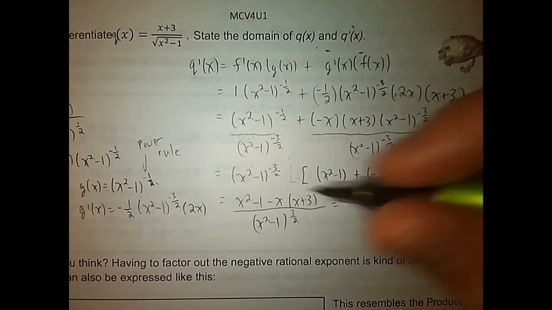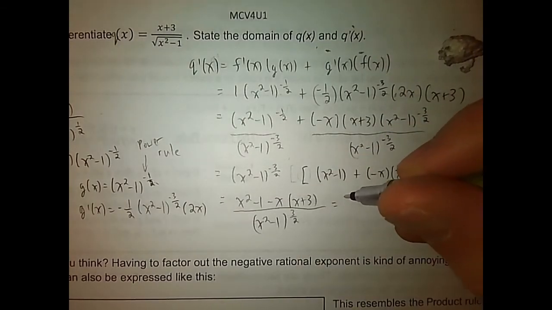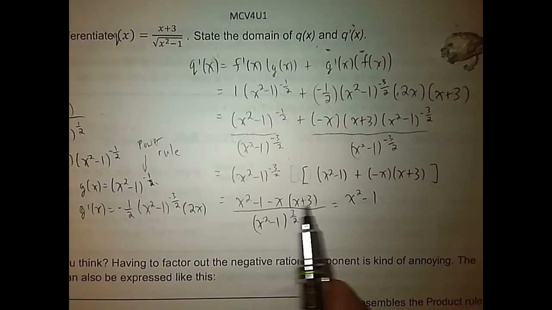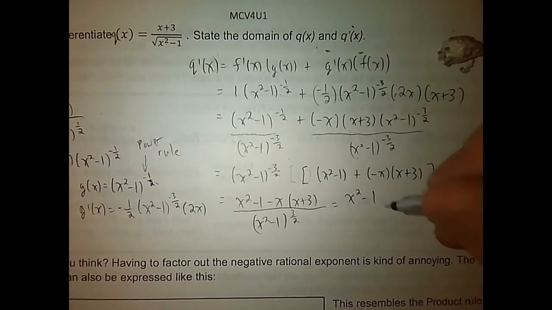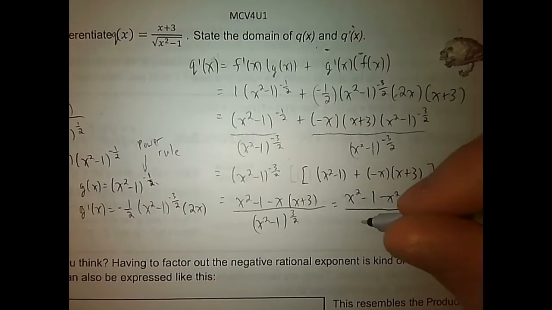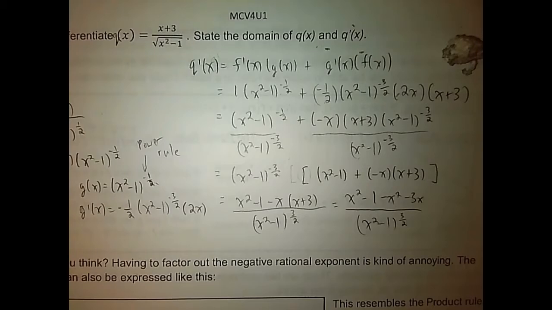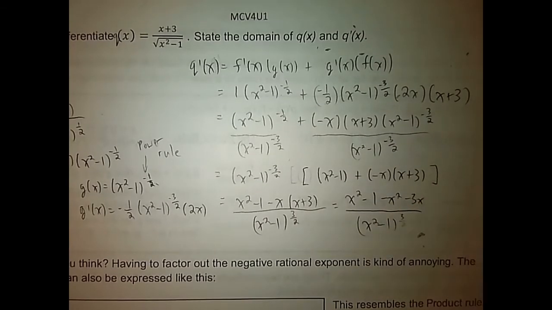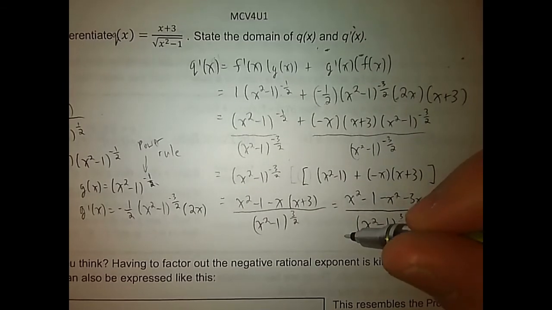We'll then simplify the numerator. Minus 1. I have to do distributive property here, so I have to get negative x squared minus 3x over this. So then I could keep simplifying this, but I'm kind of out of space right now. I could also change this to be instead, if we know how our rational exponents look like, I could just write this as well.